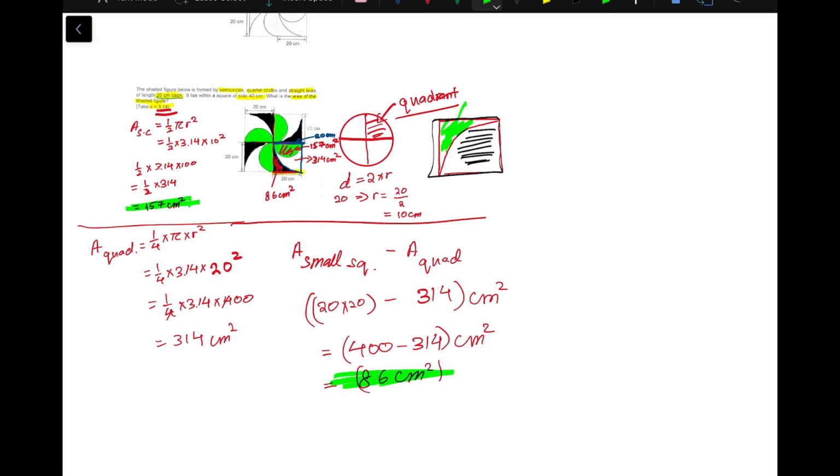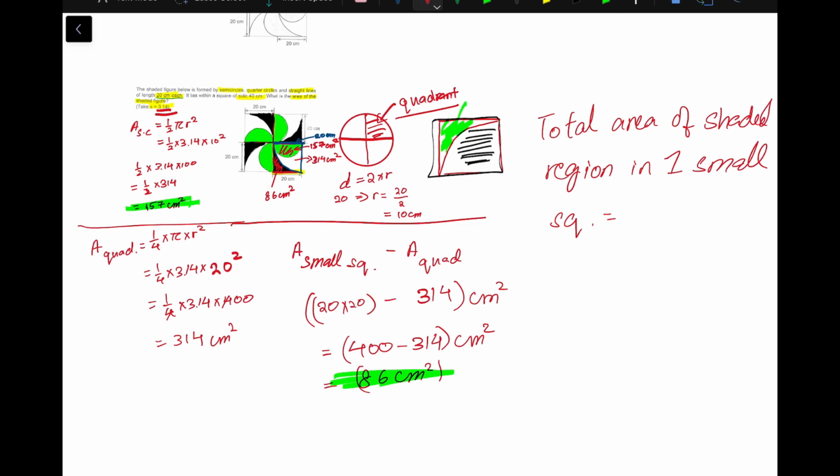So the total area of the shaded region in one small square is just 157 square centimeters plus 86 square centimeters, which would be 243 square centimeters, and that's within one small square.